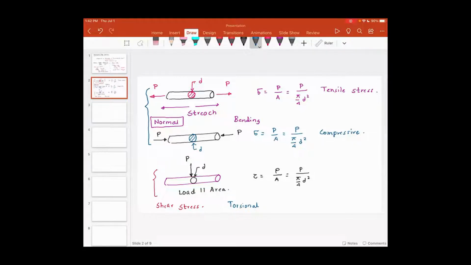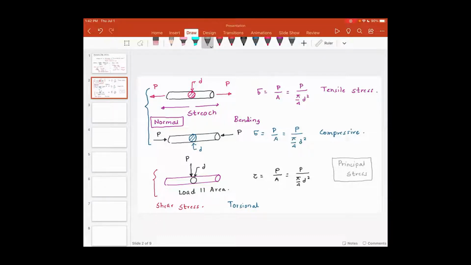How many of you, and we will talk about it in a lot more detail later in today's class, how many of you have looked at something called principal stresses? Have you looked at principal stresses? Can someone tell me what is a principal stress, or what is a simple definition of principal stress?